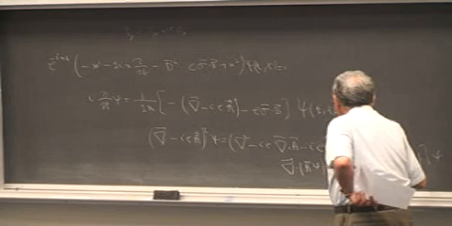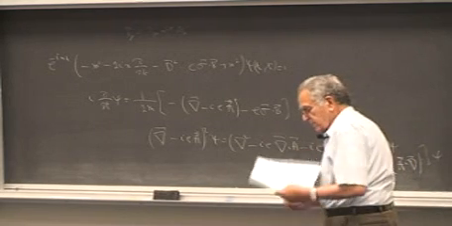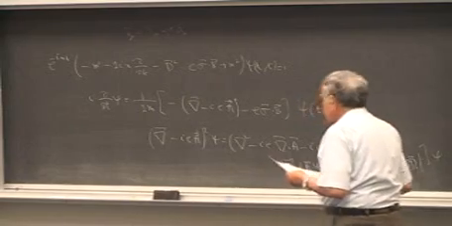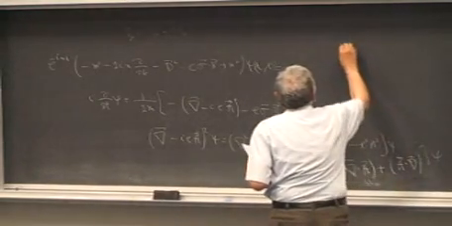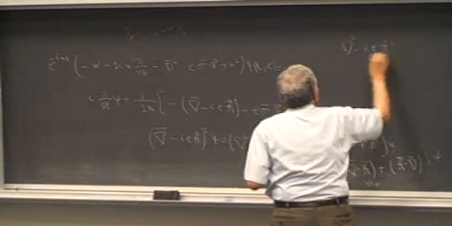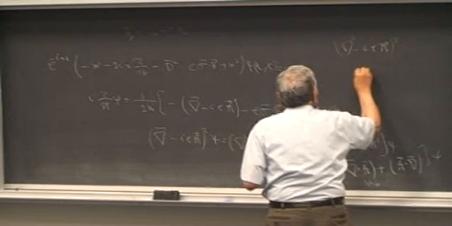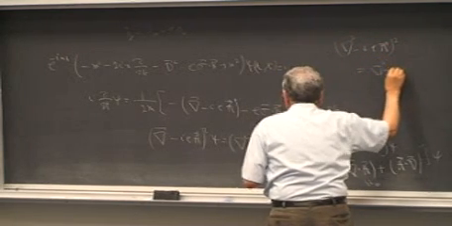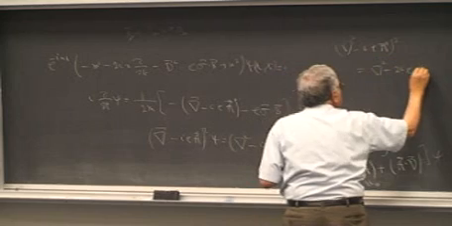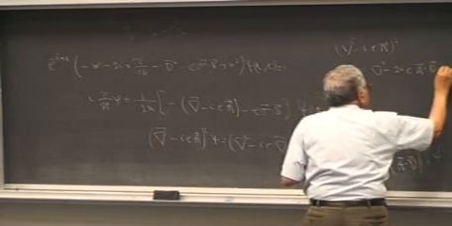So what you get is this A dot del, so this has been eliminated, and we get minus twice. So the net result is that this del minus i e A, squared, is del squared minus twice i e A dot del minus e squared A squared.